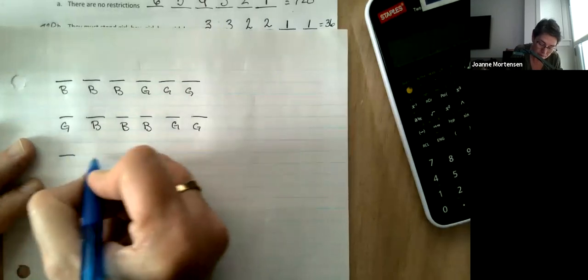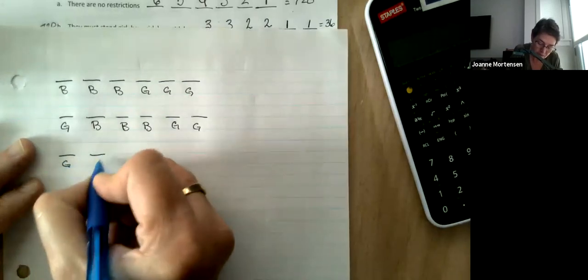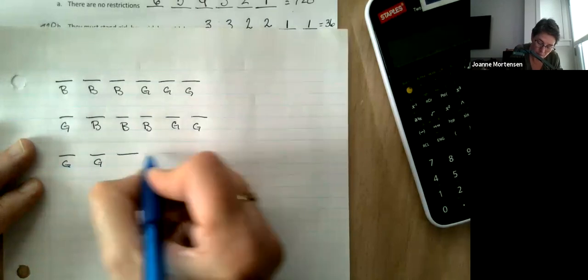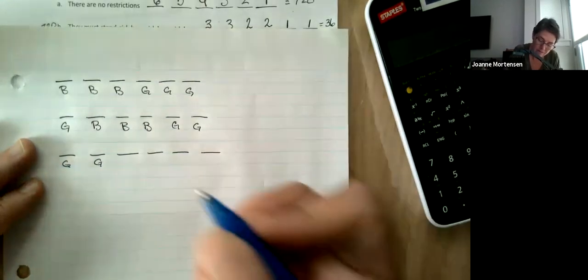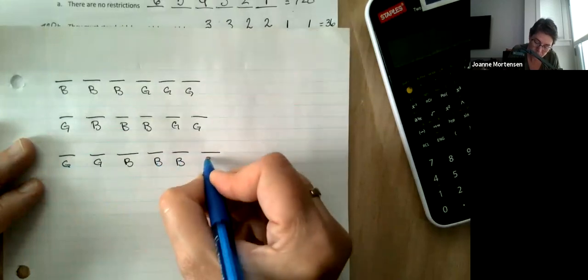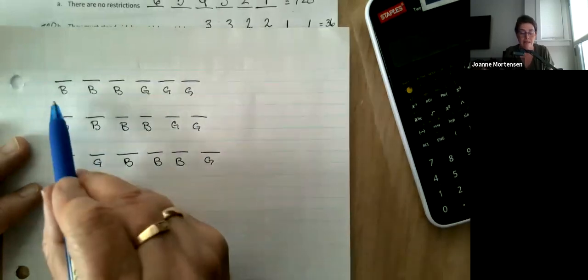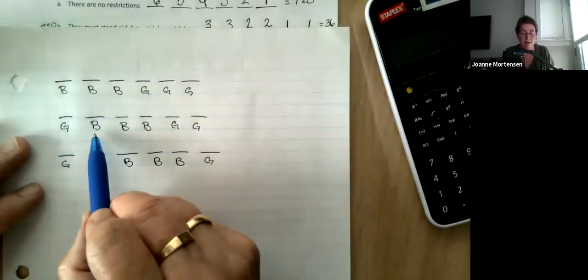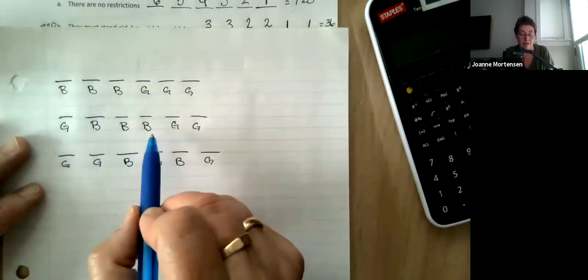Or we could go girl, girl, boy, boy, boy, girl. And these are separate cases because I can't have the 3 boys at the left and the 3 boys second from the left at the same time. It's just impossible. How many more do we have here? 1, 2, 3, 4, 5, 6.